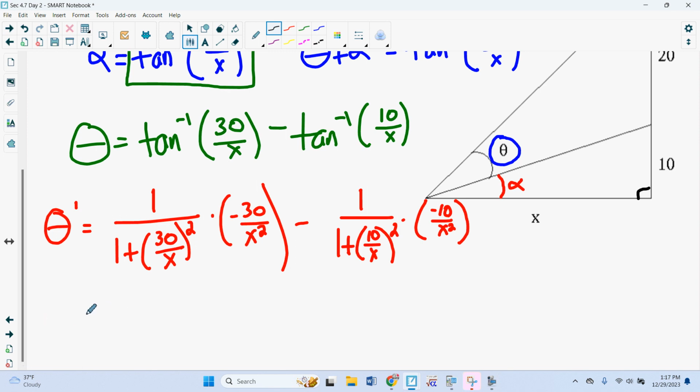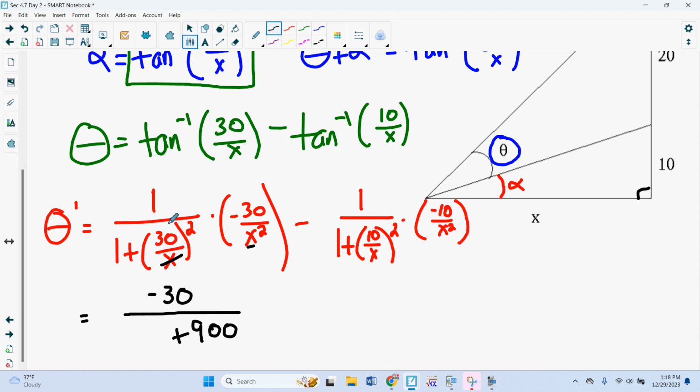If we simplify and multiply through, we get negative 30 on top. Let's see what happens to the bottom. This x squared is going to cancel with this x squared and just give me 30 squared, which is 900.